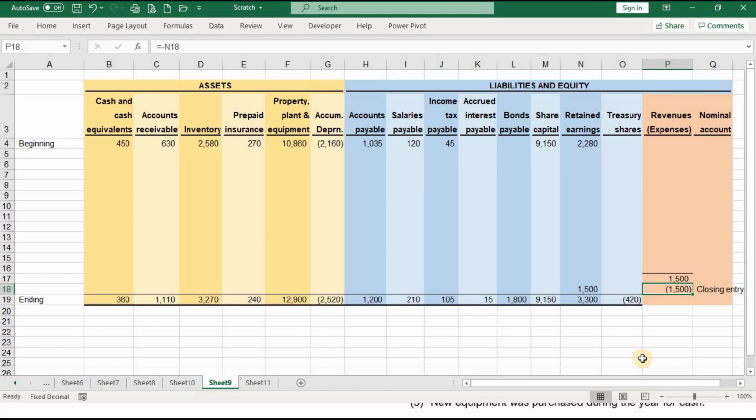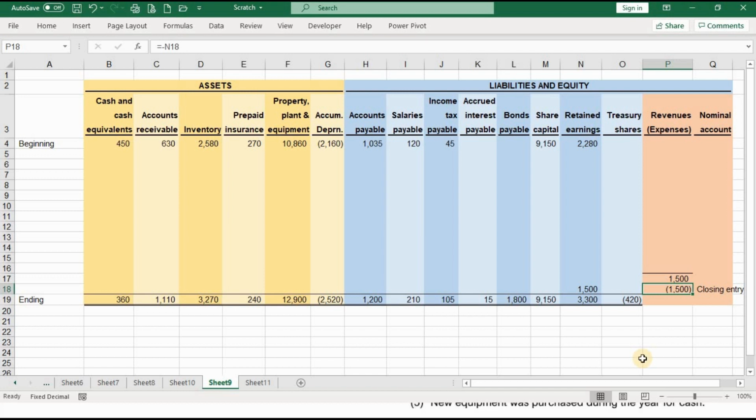In order to determine the actual cash outflows and cash inflows from investing and financing transactions, we need to adjust the net income. So what are these adjustments to the net income of 1,500?